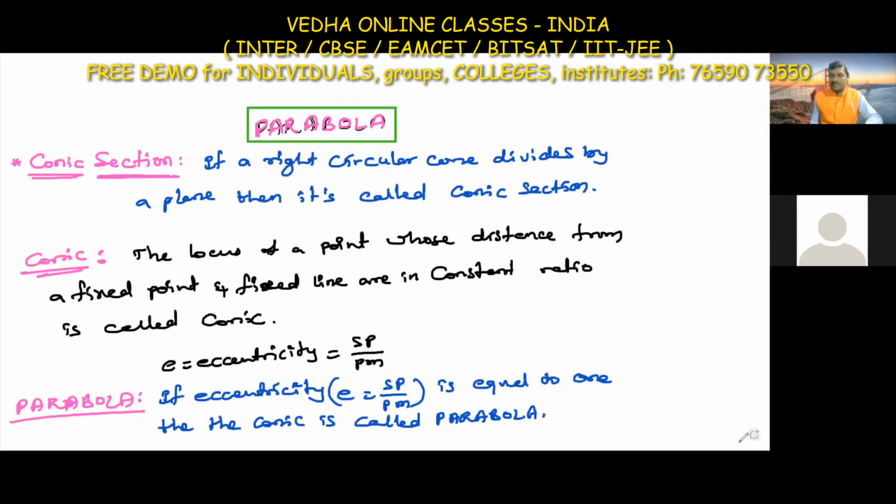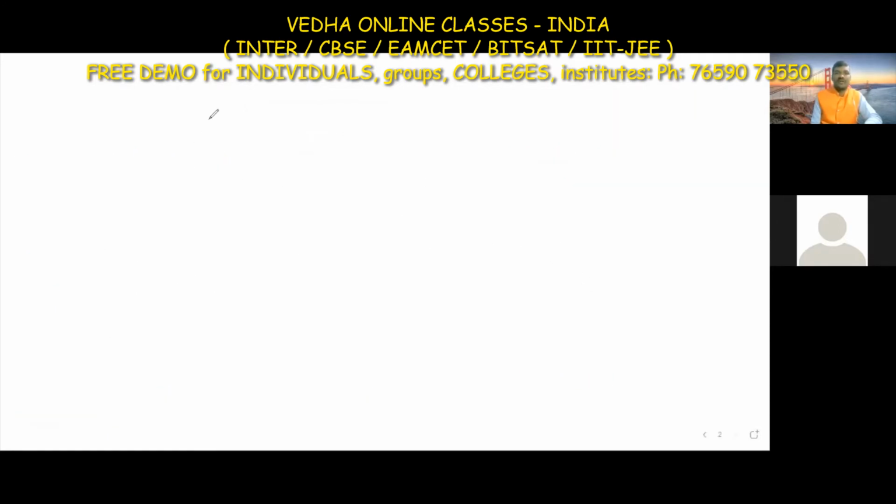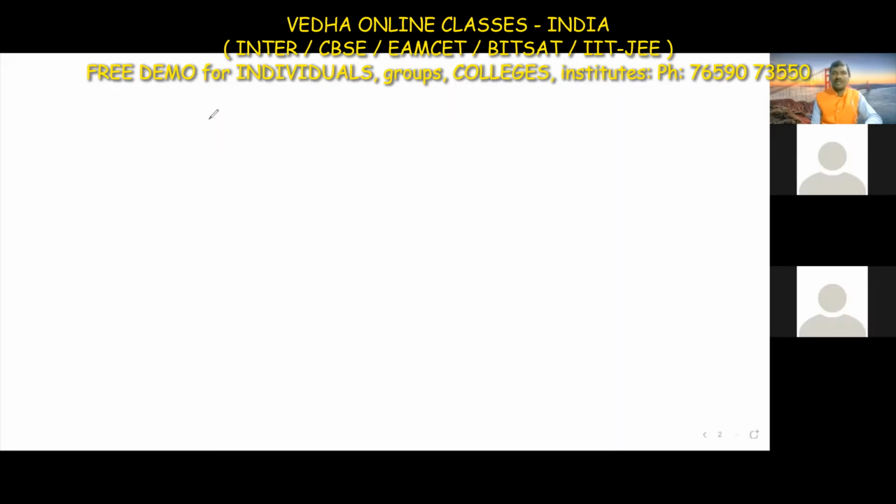Next, what is the shape of the parabola? What is the standard form of the parabola? If you take y square is equal to 4ax, that is the standard form of the parabola.